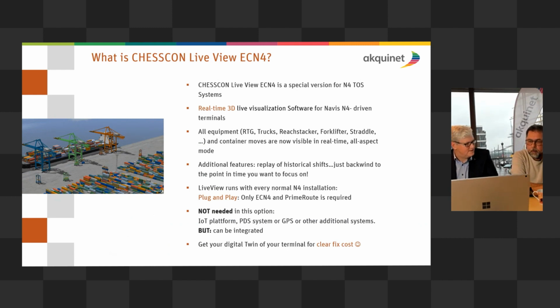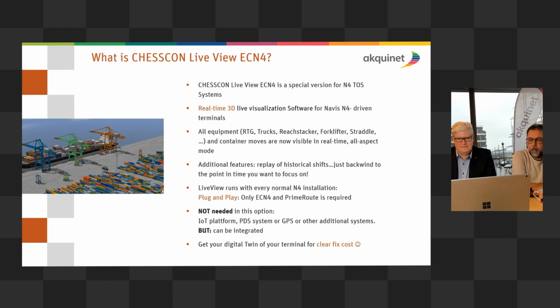Horst-Dieter: Yes, what I want to show you now in a few minutes is a live presentation of our new model. It's called Live View ECN4. What is Live View ECN4? It's a special version of our Live View system, which is connected to the N4 system. ECN4 is the interface, where EC stands for equipment control for N4.